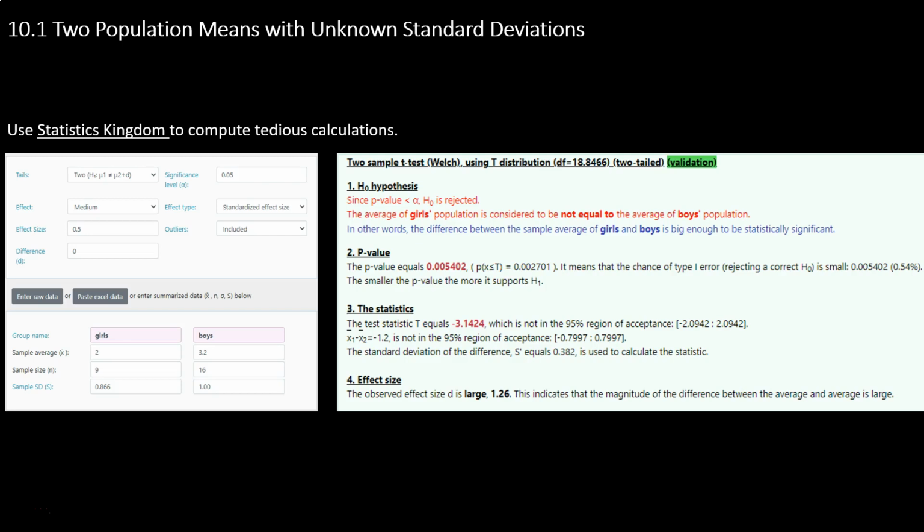So we could compare our test statistic to the critical t-score that we would have for a significance level of 5%. So the Statistics Kingdom hypothesis testing calculator for 2 population means with unknown standard deviations gives us all of the information we need to be able to make a conclusion for our hypothesis test.